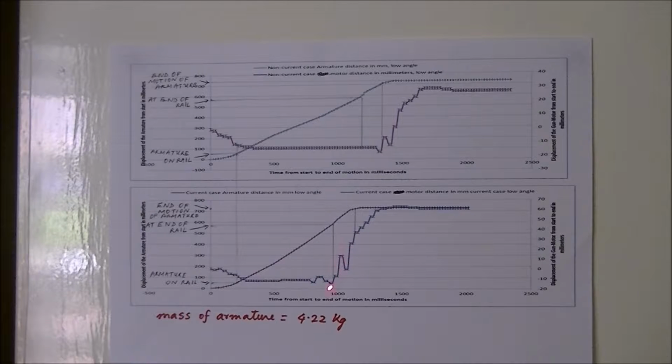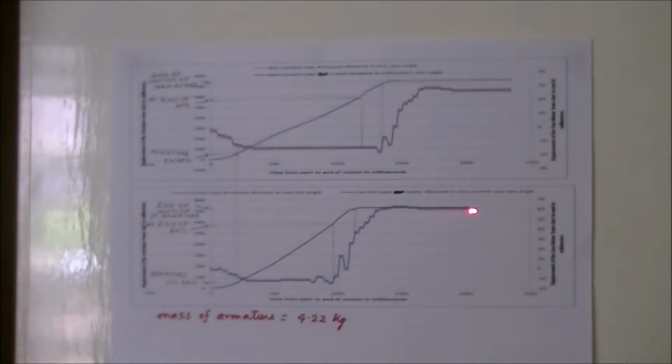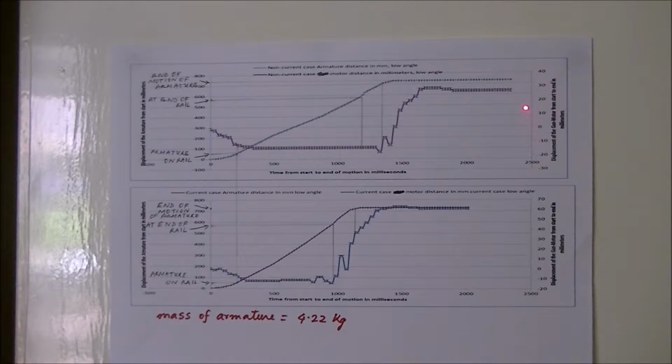That means something is pushing it forward, which is not the case here when it is a non-current case. And so this indicates that there is a positive force pushing it forward, which ultimately gives a net displacement of 30 millimeters.